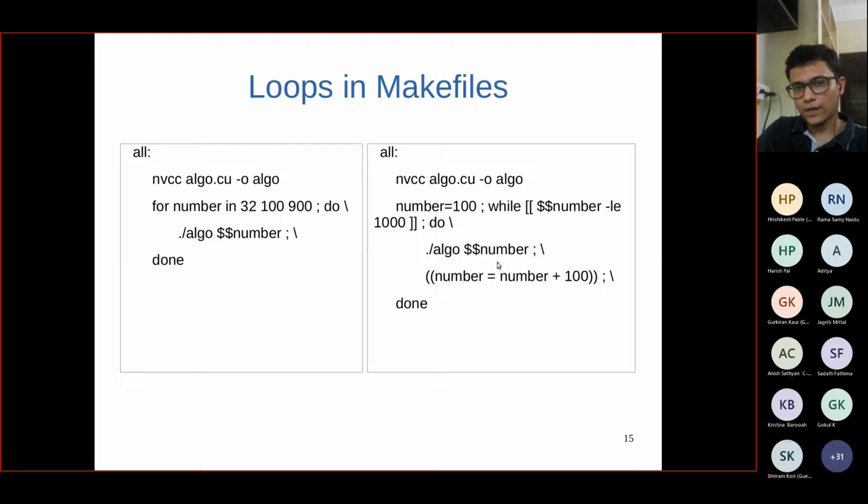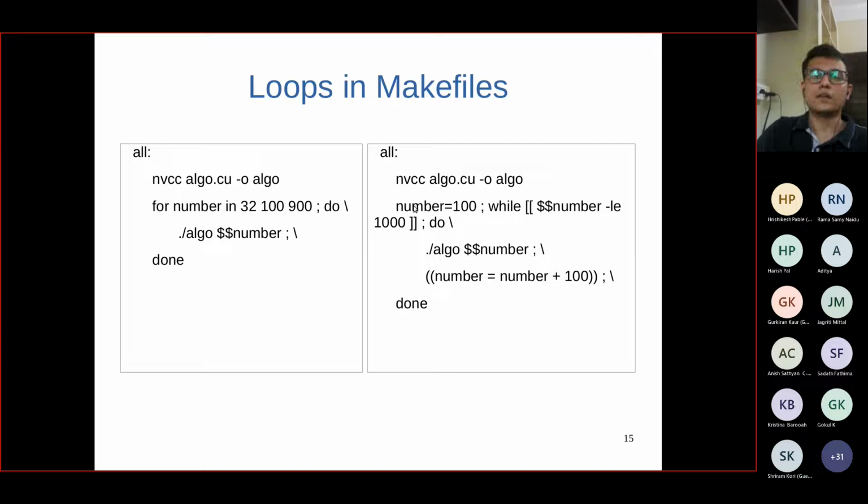So this loop will start from 100. It will go on increasing in steps of 100. First of all you will run this algorithm with input 100 provided during the command line, and then it will be run with 200 as input, and so on till 1000.